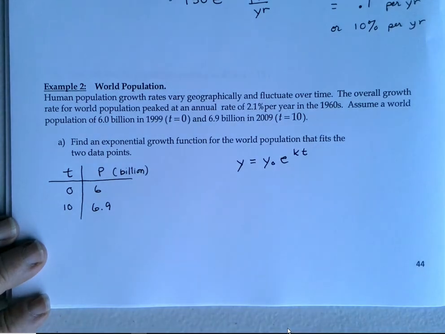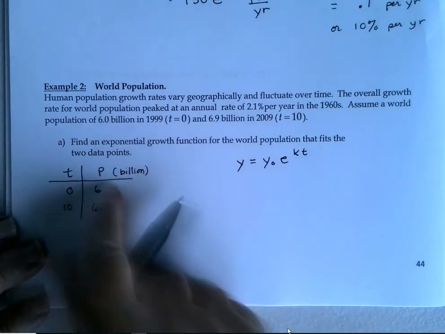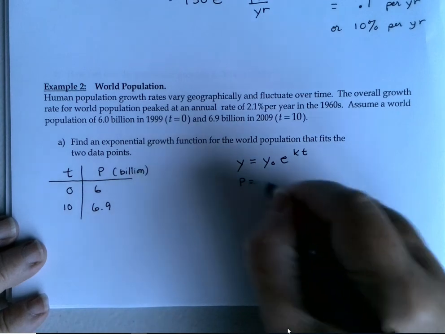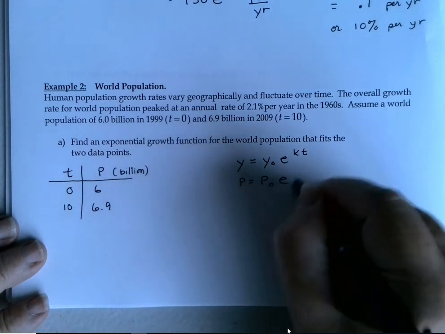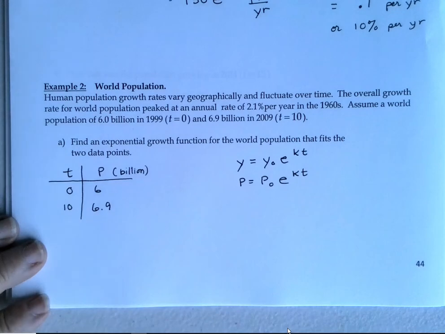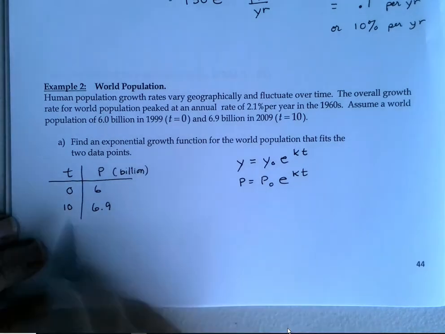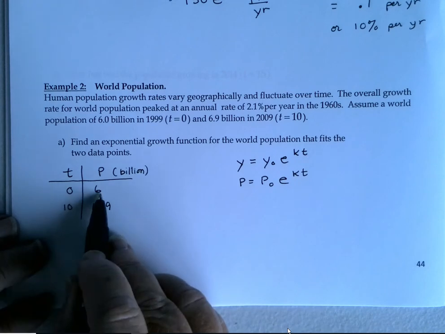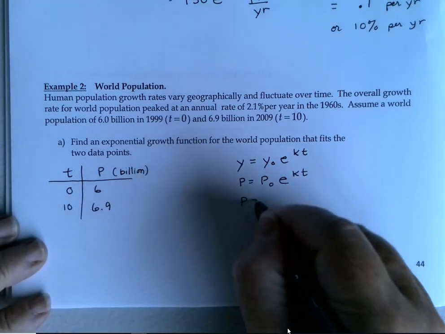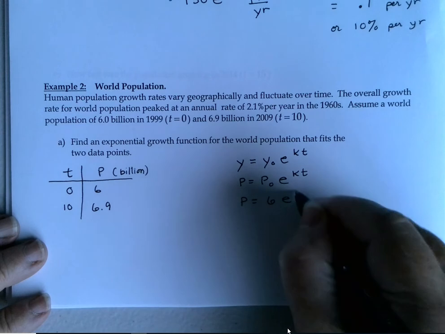In our case, instead of y, we've got P. So I'll just call that P equals P naught e to the kt. And we already know P naught. At time 0, there were 6 billion people. So I can plug that in right away.